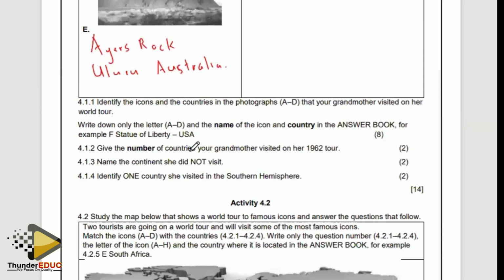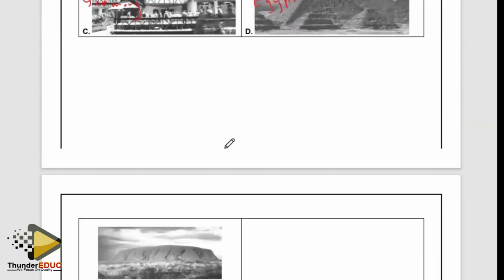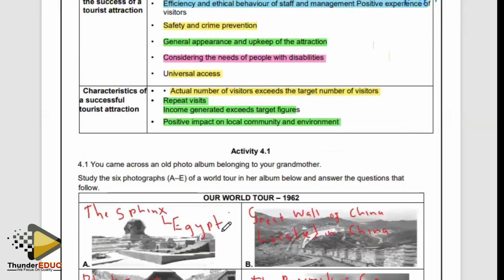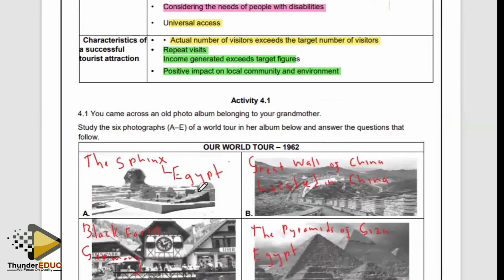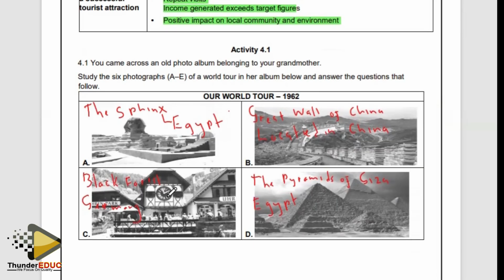Give the number of countries your grandmother visited on her 1962 tour. So we need to identify the number of countries from the previous icons. So the first country, obviously, it will be Egypt, which is 1. The next country is China, 2. Germany, 3.